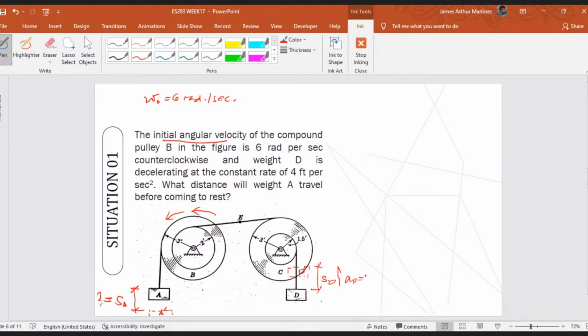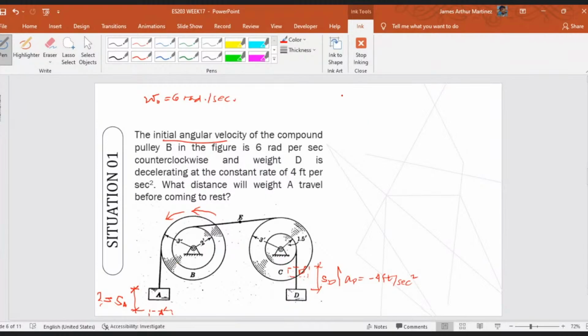And since it is decelerating, it is negative 4 feet per second squared. So if we analyze this, we will separate both pulleys. We consider weight A connected to pulley B, and weight D connected to pulley C.